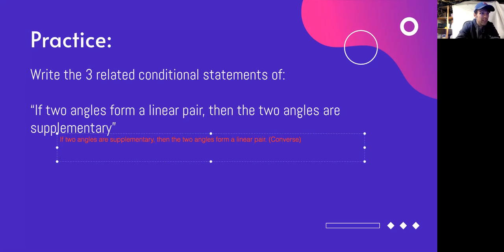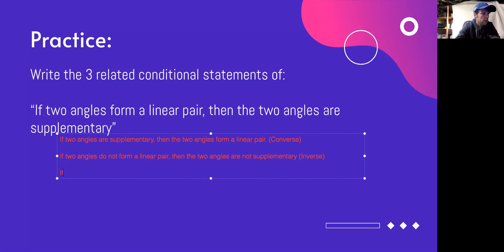Our inverse, we're going to keep the original order, but we're going to negate them. So if two angles do not form a linear pair, then the two angles are not supplementary. That is our inverse. And the last one, the contrapositive, so we need to do both things.